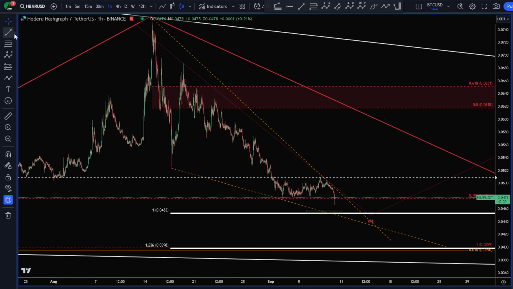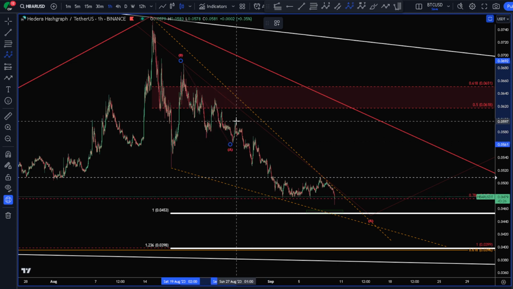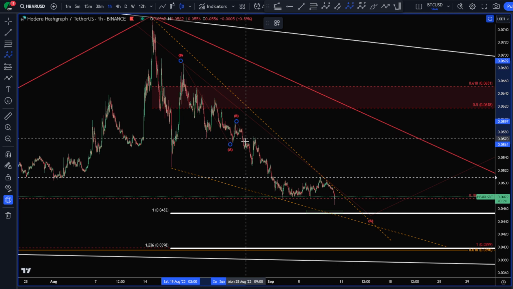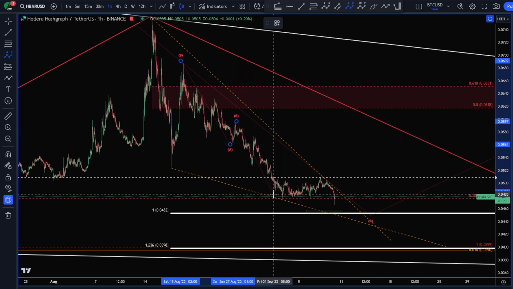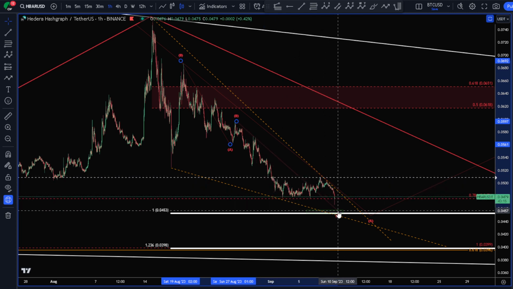And the way that would look is we're looking for an ABC. So what I propose we have here is an A wave right here, B wave, and we're working on 5 waves down, which is 1, 2, 3 looks like here. Sorry, let me do that down here.